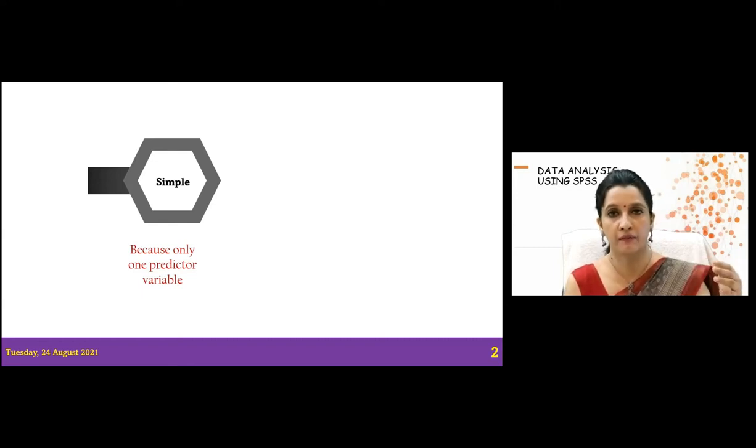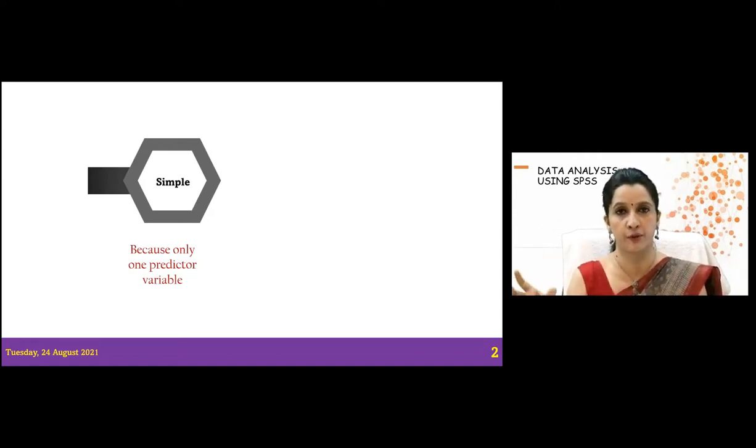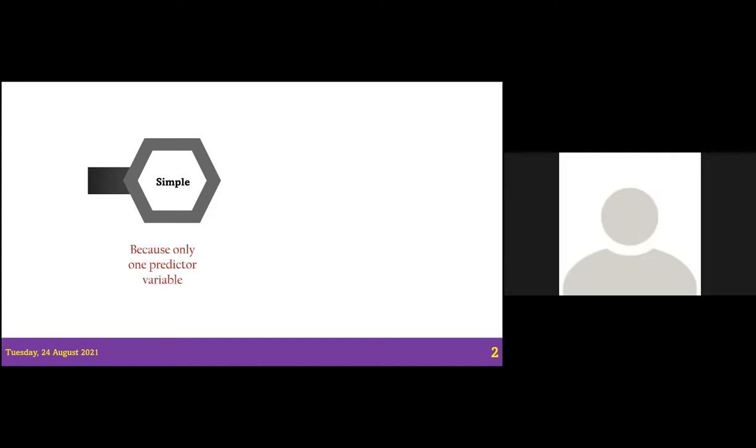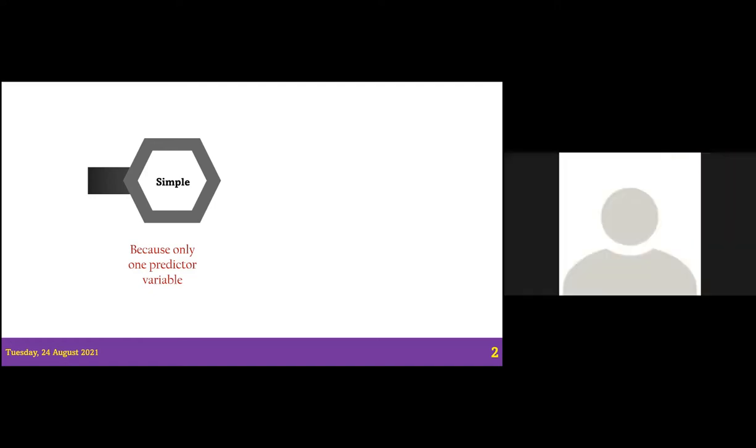For the dependent variable, we make some prediction based on the predictor variable. That predictor variable and the independent variable are the same. Because in simple linear regression, as the term suggests, there is only one independent variable, or only one predictor variable.